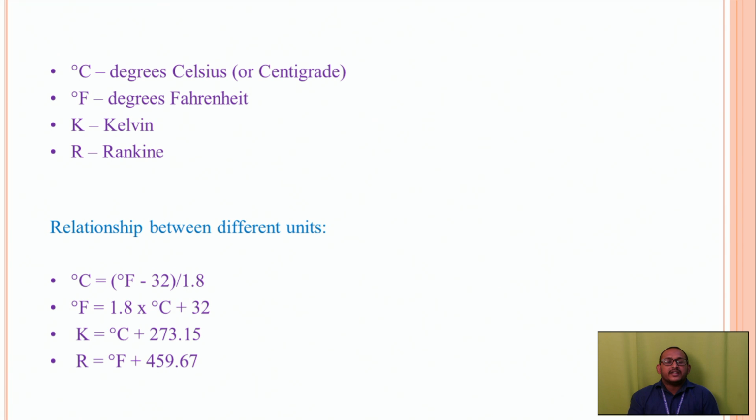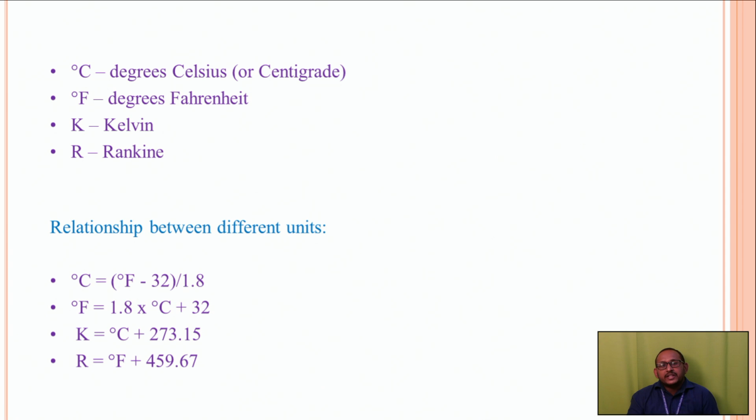And for the conversion of Celsius to Fahrenheit, degree Fahrenheit equals 1.8 times degree Celsius, plus 32. This is the formula for the conversion of Celsius to Fahrenheit.